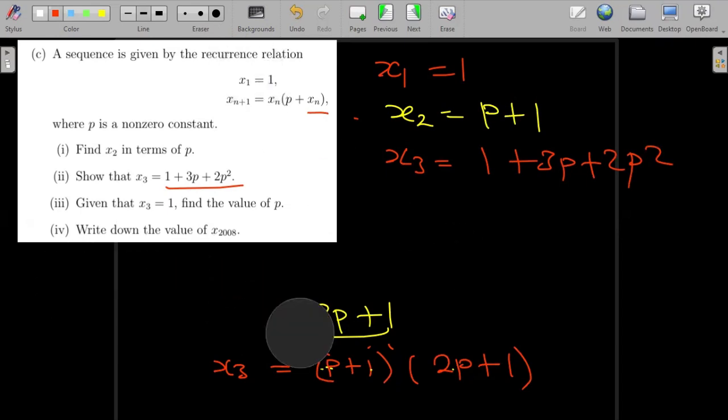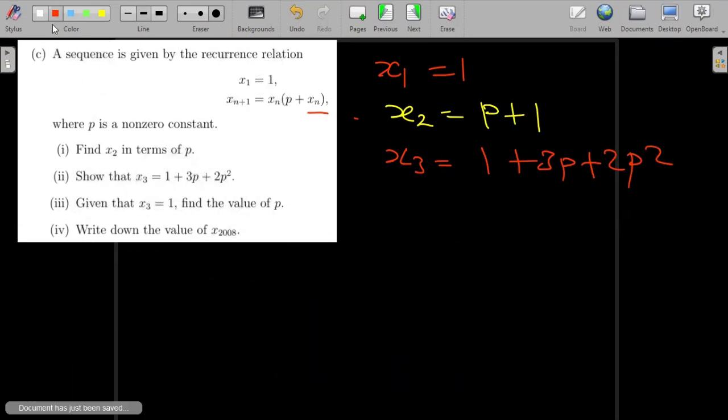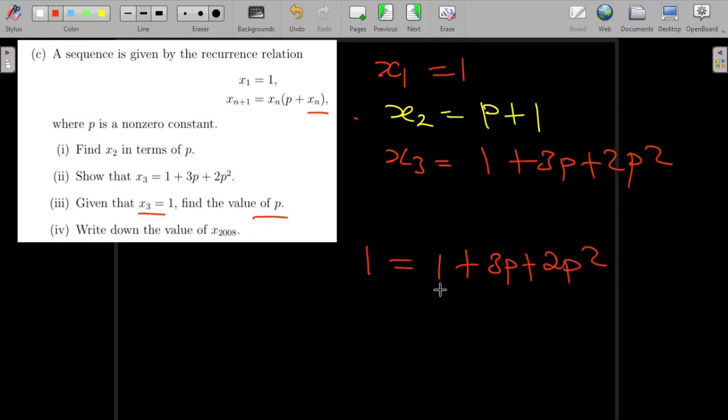So that's that. And then part 3, find the value of p, given that x3 is equal to 1. So if x3 is equal to 1, then 1 is equal to 1 plus 3p plus 2p squared. So if this 1 goes to the other side, it becomes 1 minus 1, which is 0, equal to 3p plus 2p squared.